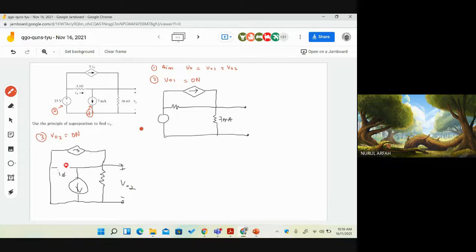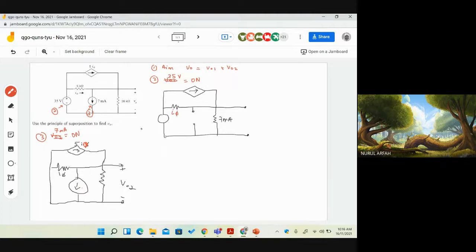But step number 2 is not finished yet. You should draw the V01. It's not V01 turned on, right? It should be this one, 35 volt, and this one 7 milliamps on, the current source and the voltage source. Okay, very good.